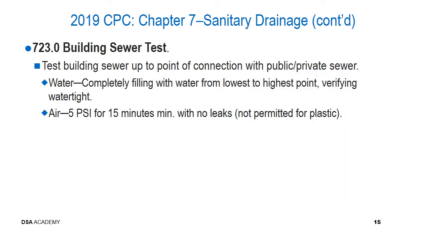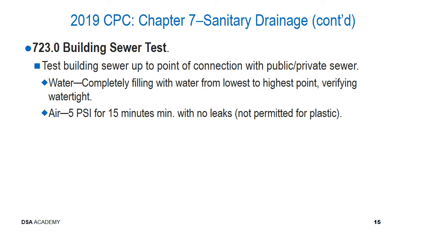Section 723 identifies the requirements for the building sewer test, and this differs somewhat from the building drainage test in that the building sewer lines will certainly be tested with water, but the test does not require a 10-foot head. The only requirement is that the water is installed in the building sewer lines so that it's completely filled from the lowest to the highest point, and the inspector would verify that the piping maintains a watertight situation.